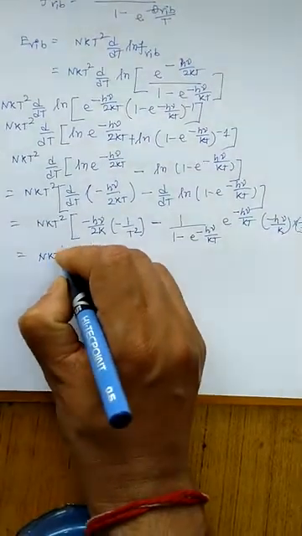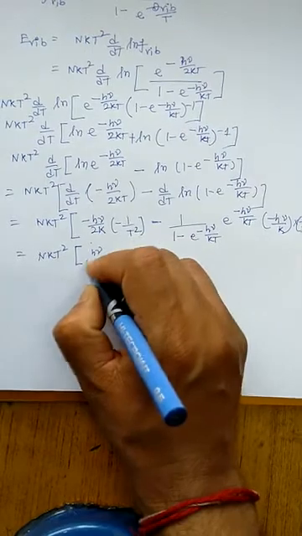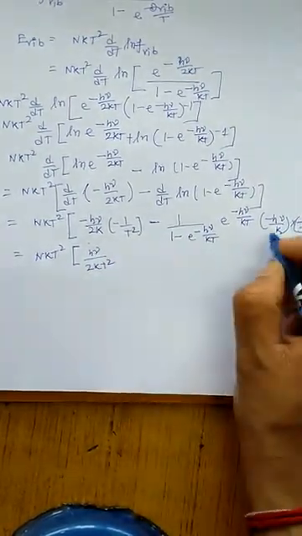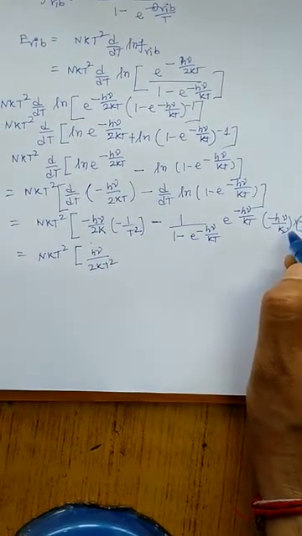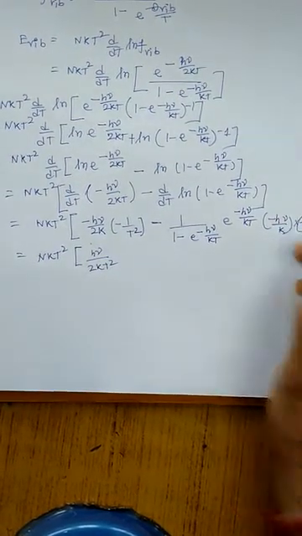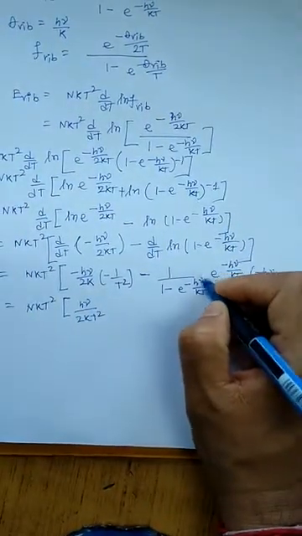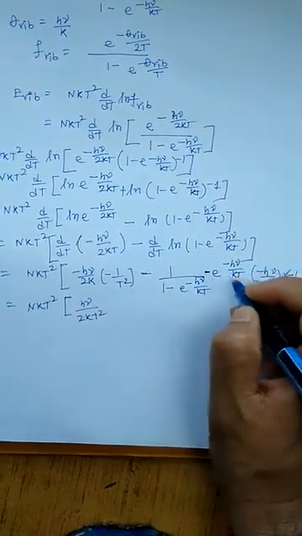So NkT square, minus minus becomes plus, so h nu by 2k T square, and then minus minus become plus. Okay, but what happened to this thing here? I made a slight mistake, because here it was minus e to the power, so a minus sign should be there.